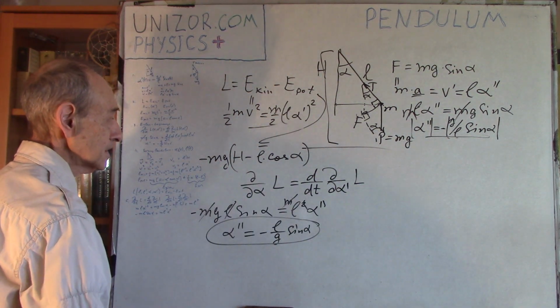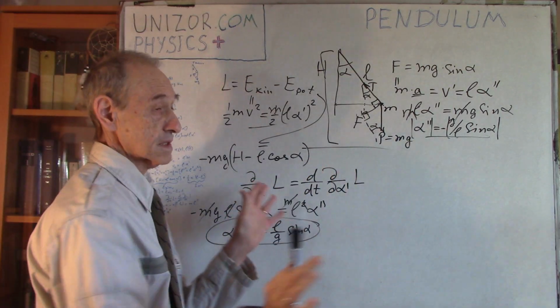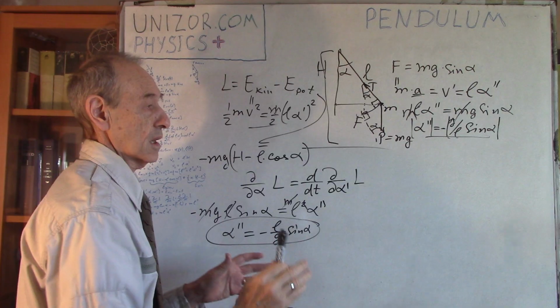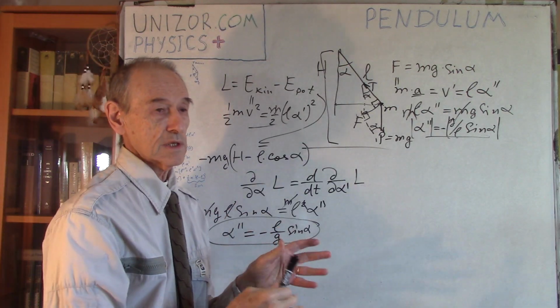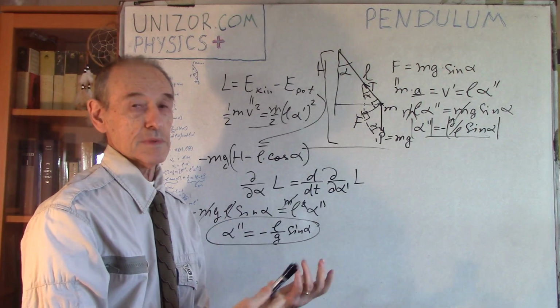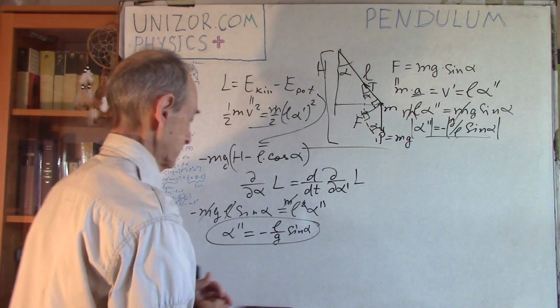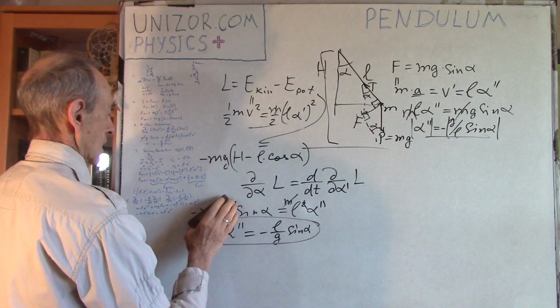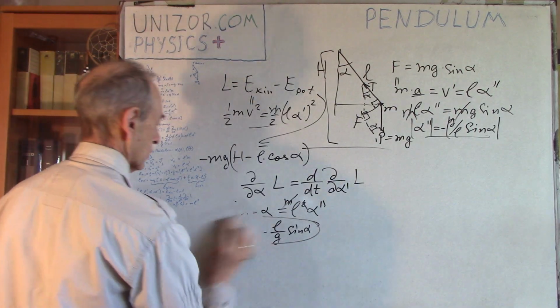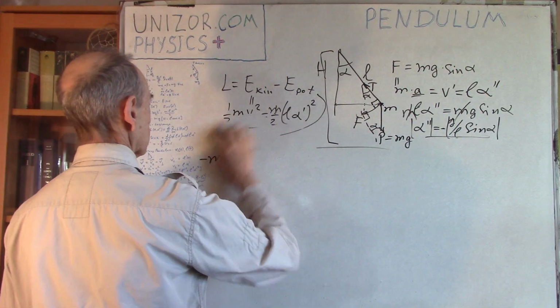So it's a little bit longer maybe than this one, but again, it's a simple problem. My purpose right now is to present a more complicated problem and demonstrate how much easier it is with the Lagrangian to solve it. Okay, so let's wipe out all this and go to a more complicated problem.